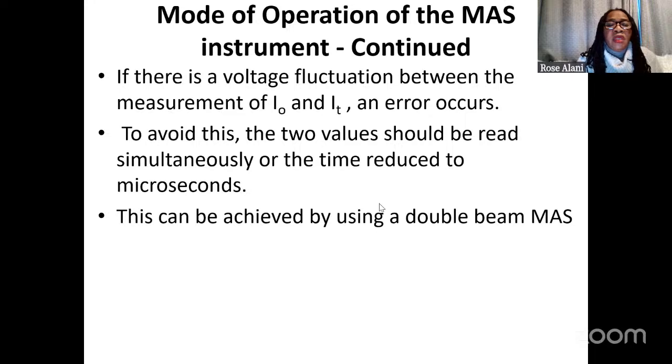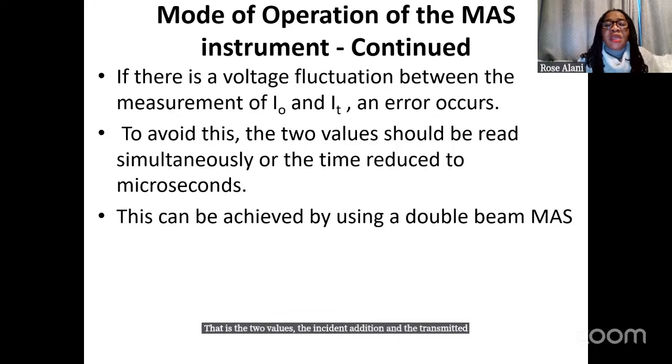So what is done to avoid this fluctuation is that the two values have to be measured simultaneously. That is, the incident radiation and the transmitted radiation must be measured simultaneously so as to reduce the time of measurement to microseconds.